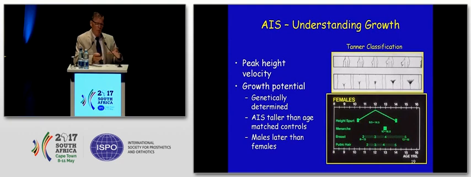We know there's probably a genetic determinant involved there. It's of interest that adolescent idiopathic females on average grow to be taller, in spite of their curve, than those without a deformity. And of course, we know that males mature later than females, and you can make comment on that if you wish.